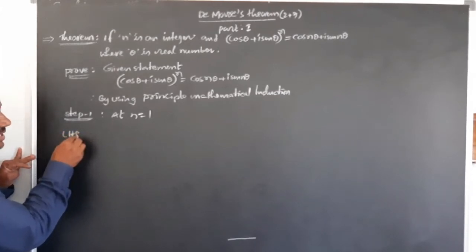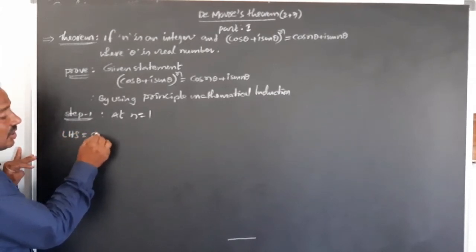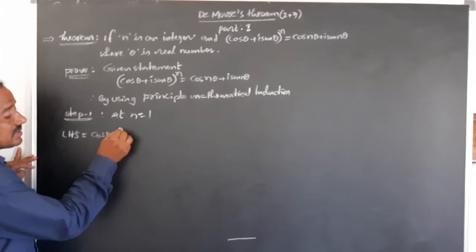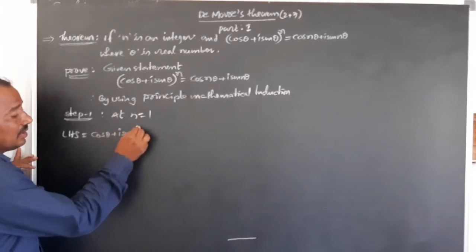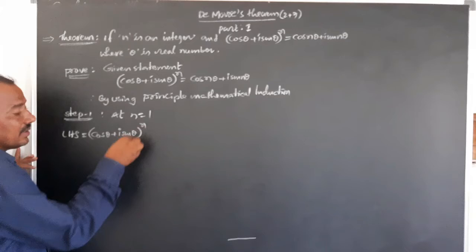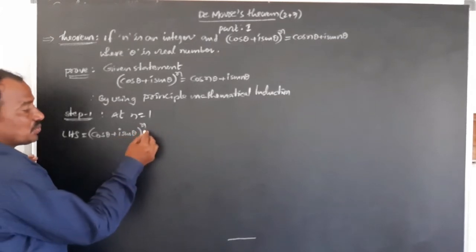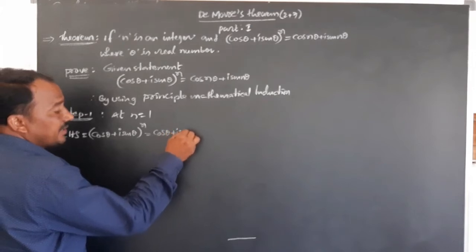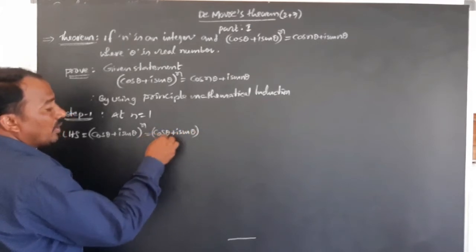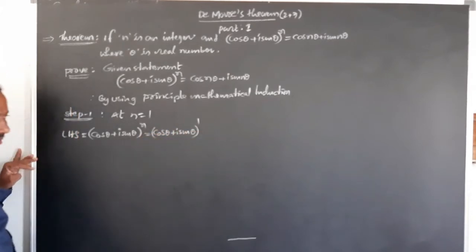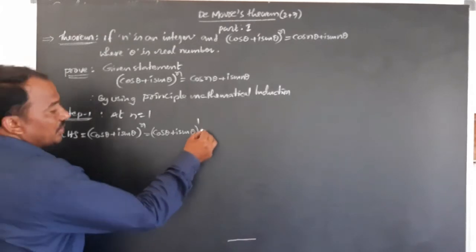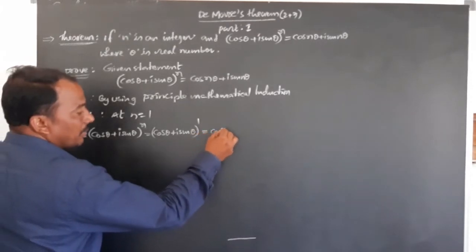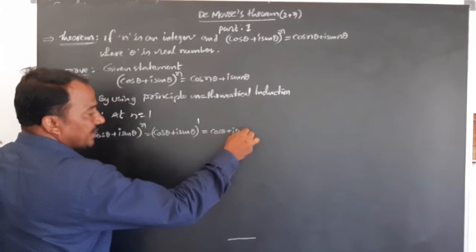The LHS is (cos theta plus i sin theta) whole power n. Substituting n equals 1, this equals cos theta plus i sin theta.